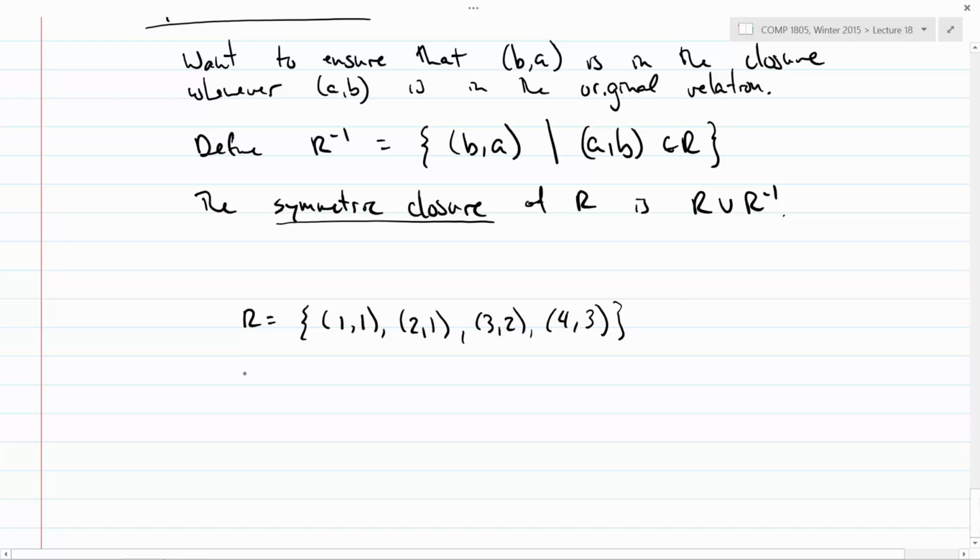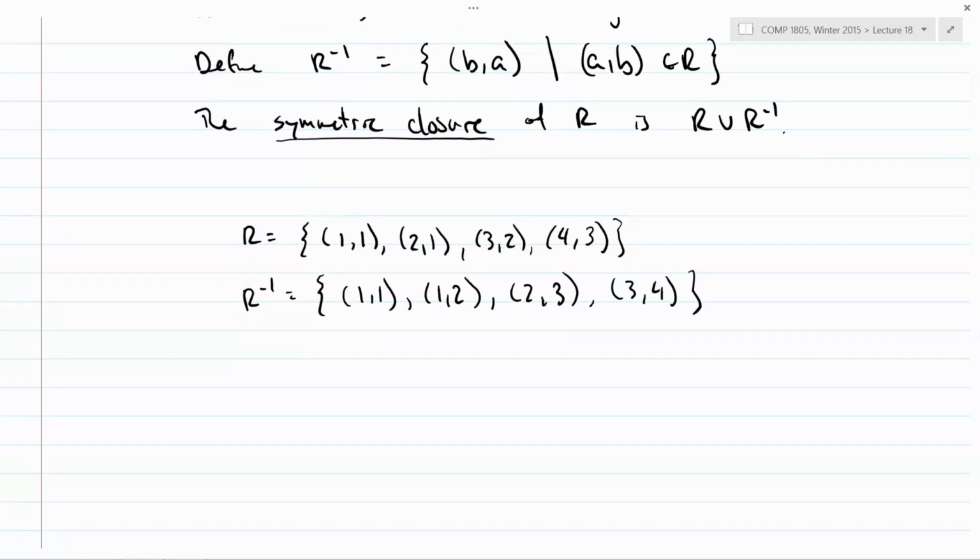Okay, so if we have that, what is R inverse? Well, (1,1) gets switched, (1,2) gets switched, (2,3) gets switched, and (3,4) gets switched. All right, let's do R inverse follows R. And then maybe, if we think it matters, we'll do it the other way.